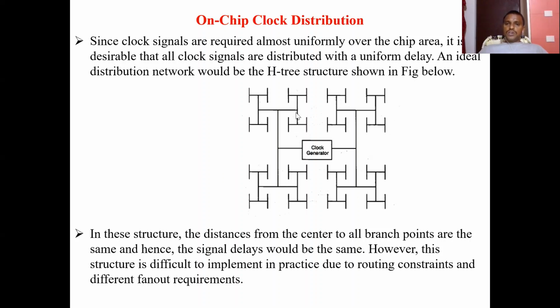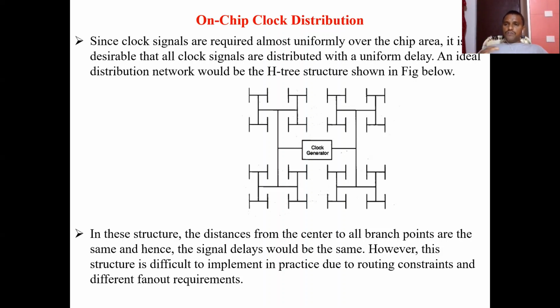So for the distribution of this clock on the chip, I am going to use an H tree. So what is that H tree and what is its structure? If you observe here, this is the H tree structure that we are going to use to distribute the generated clock.